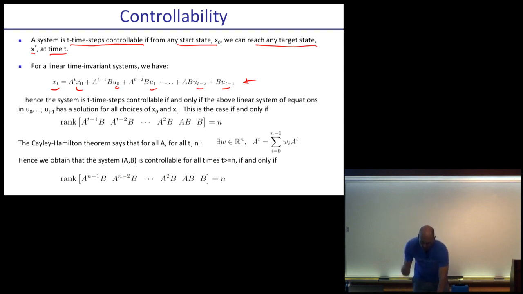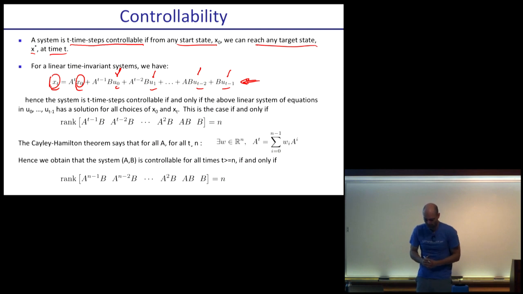Our linear system A comma B is t time step controllable if and only if this above linear system here has a solution for all choices of x0 and xt. So we're going to fix xt, fix x0, because that's what we're asked to do, go from x0 to xt. And our freedom is in the u's. And the question is, can we find a sequence of u's that takes us from x0 to xt?